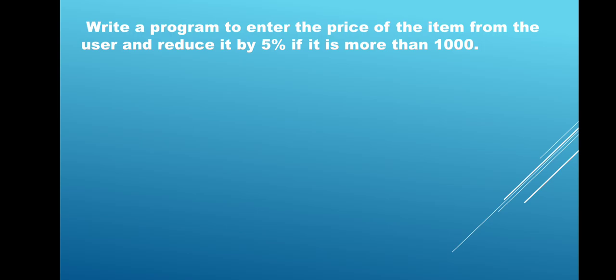So the condition over here is price should be greater than 1000. Now if this condition is true, then the price has to be reduced by 5%. Otherwise, no reduction should be done. Therefore, the reduction of the price will form the body of if. Let's see.